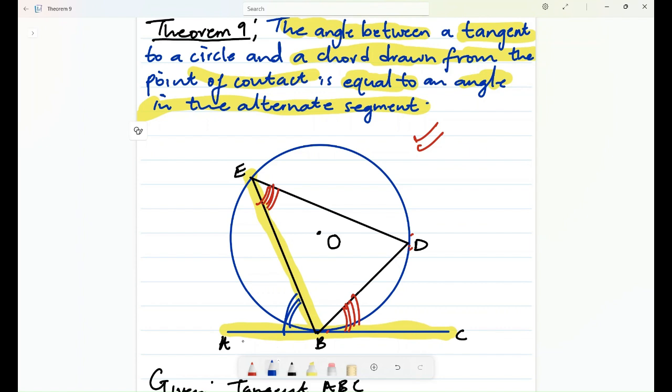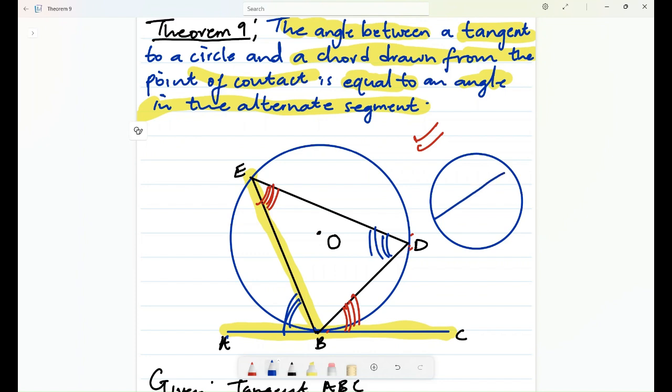I'm saying this angle here, ABE, is an angle between a tangent and a chord drawn from a point of contact. It is equal to an alternate segment angle. So ABE is equal to this angle here. I strongly believe you are following.